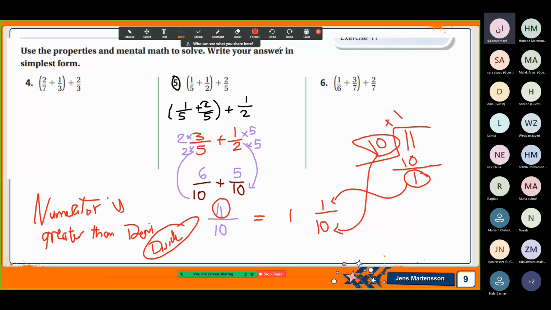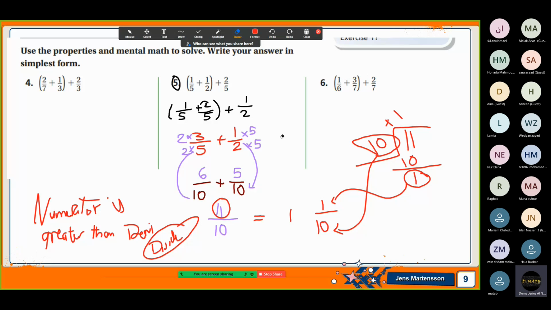You're welcome. Now, Hanada, prepare yourself for number 7. Okay. Number 7 now. We'll solve number 7. Can I ask you a question? Yes. Here in 1 over 10, the whole number is 1, but there is no whole number in it.